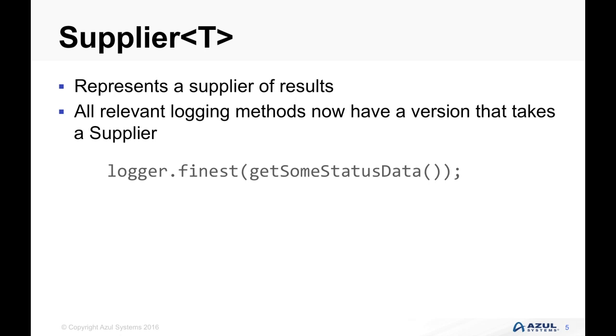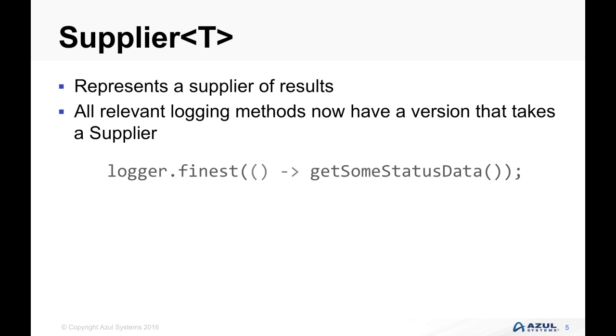And so we can actually change our code very subtly. We can literally add about 6 characters, and we can change the way that works. So rather than passing the result of getSomeStatusData, we pass a lambda expression. Because it's a Supplier, it doesn't take any parameters, and the body of the lambda expression is to call getSomeStatusData.